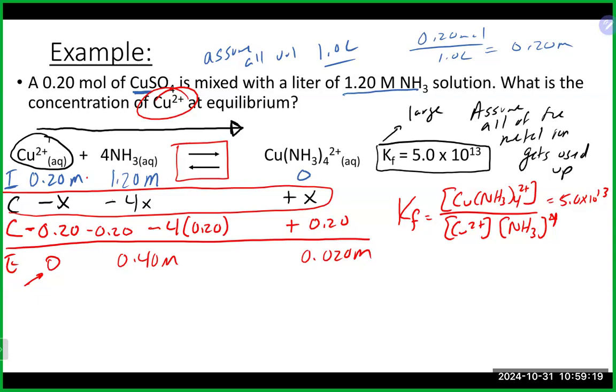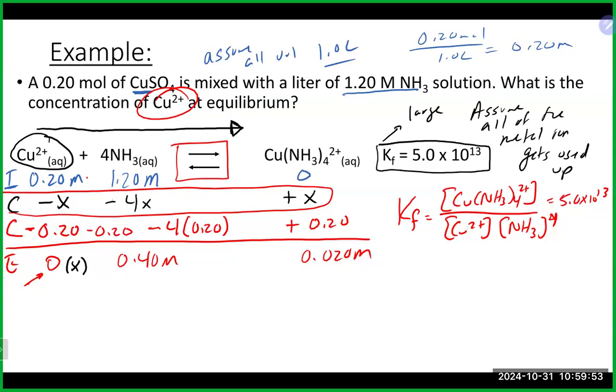The other assumption that we make is the amount that comes back should be really, really small. So we should end up with a really, really small concentration of free copper ions, because pretty much 100% of it should be used up in the actual complex ion on the product side.